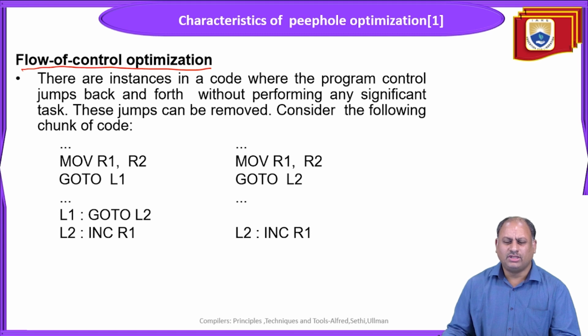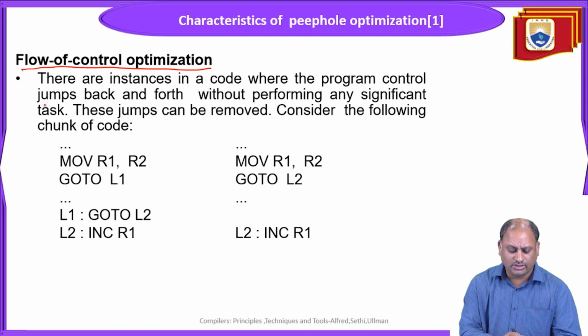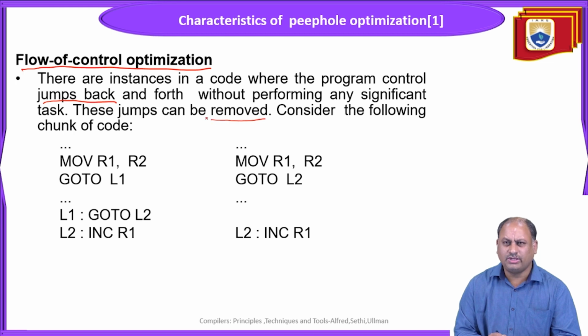So we identify that type of jumps and try to remove them. For the instances of code where the control is moving from one place to the next, we check whether it is required. If not, then it is to be removed.